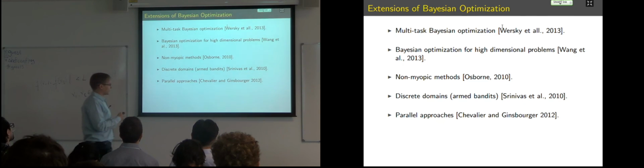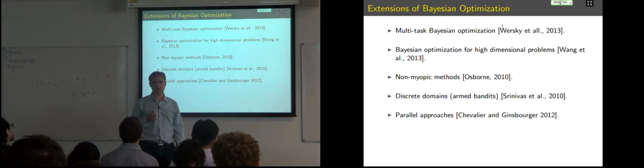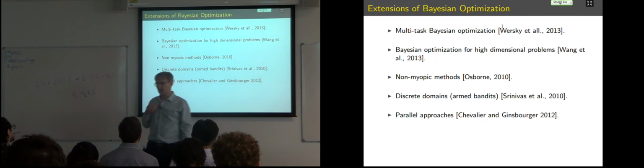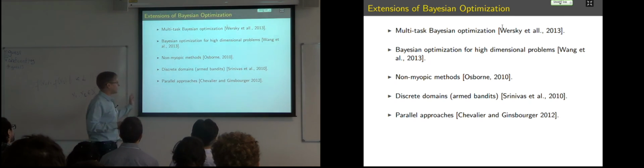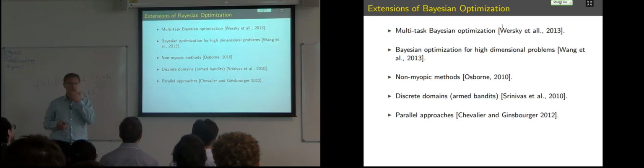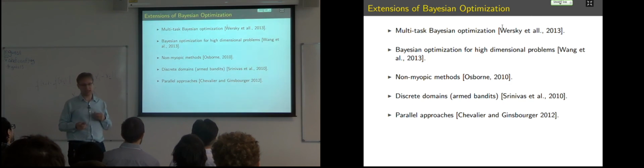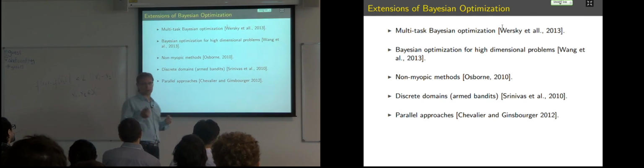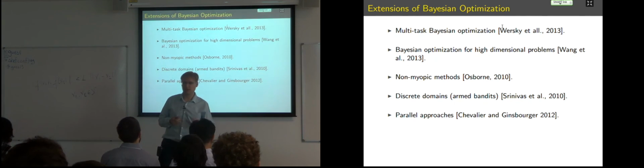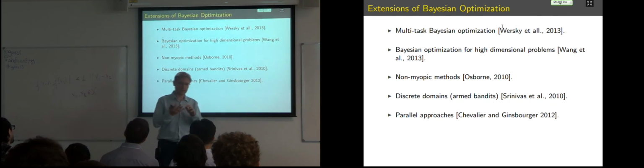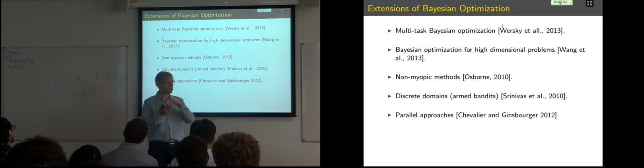You have parallel approaches, and I will be talking about this a bit more. I just include this reference here, but I will show you more later. So the idea is, well, how can I avoid the bottleneck of evaluating F, right? I can do this in different ways. If I can evaluate F in parallel at the same time, that's one thing.